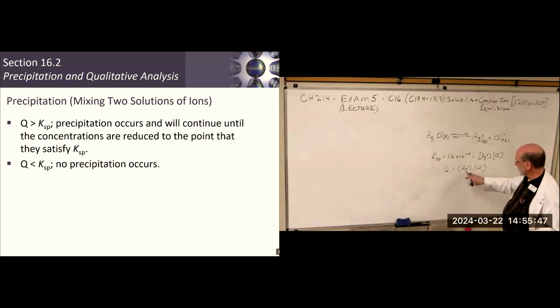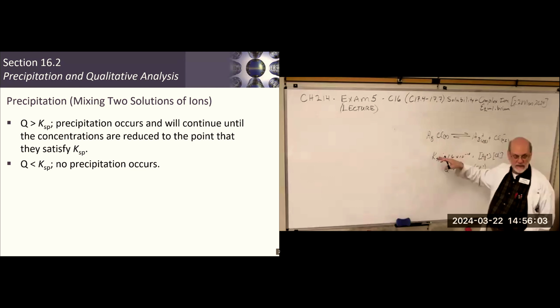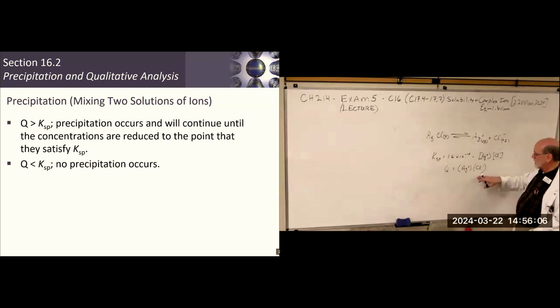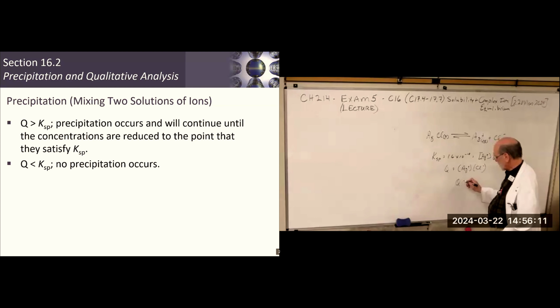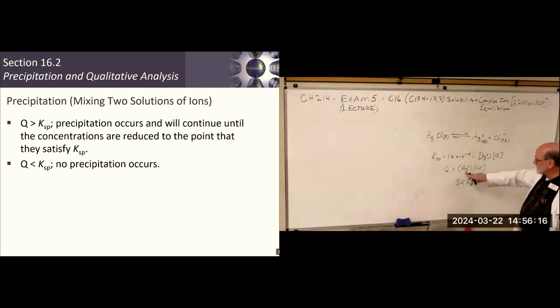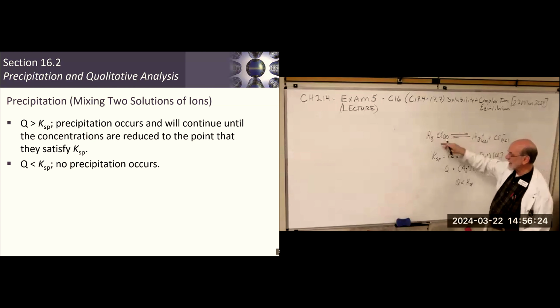And if this Q is less than that, then what you're saying is that these values are too small. They don't even come up to the KSP. If they give you a Q that's smaller than the K, what we're saying is that the product of these values is less than that needed to produce that.